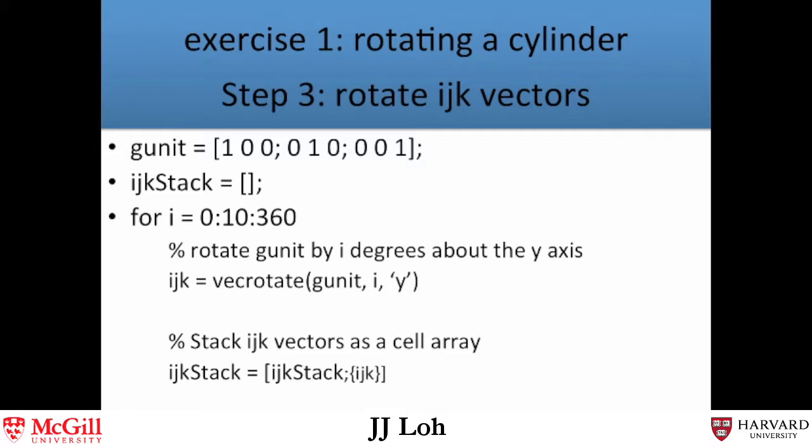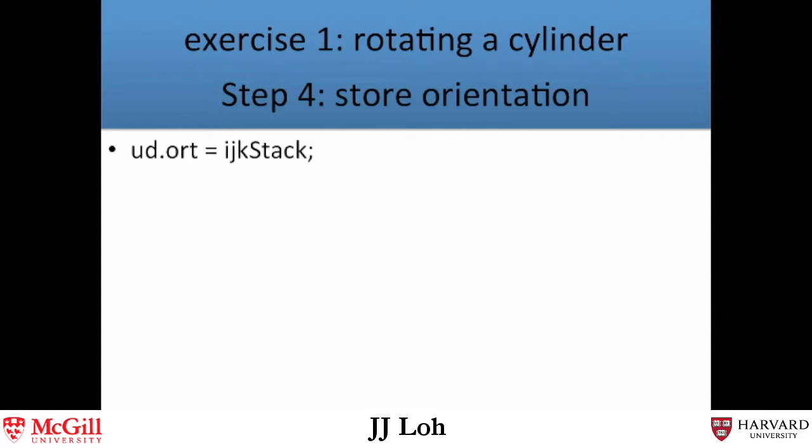Each time I rotate, I'll save the ijk vectors as a 3x3 matrix and stack them as an element in a cell array. This cell array stores the orientation of the ijk vectors for each frame of this movement. Now I'll store that cell array in the user data as another branch called ud.ort.